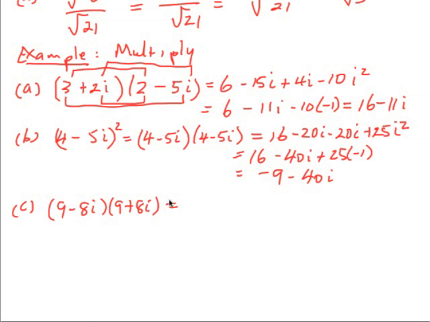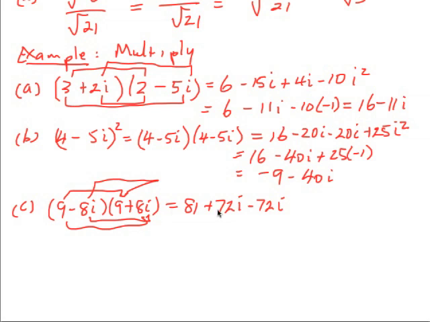But notice again, if we FOIL this, we end up with 9 by 9 is 81. We have 9 by 8, which is 72i. We have negative 8 by 9, which is negative 72i. And finally we have negative 8 by 8 is 64i squared.